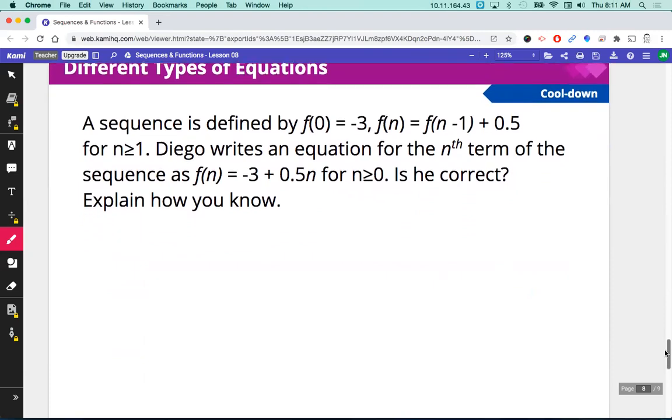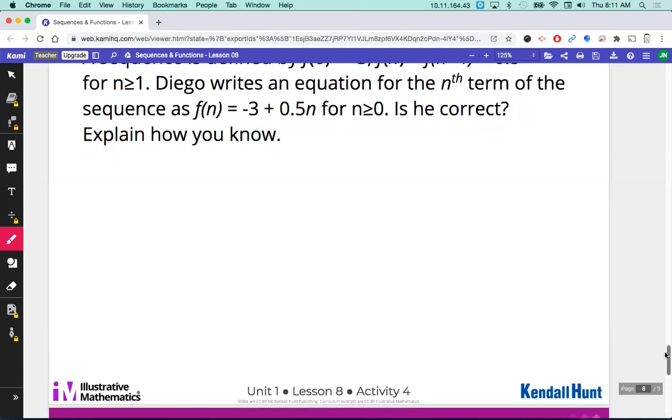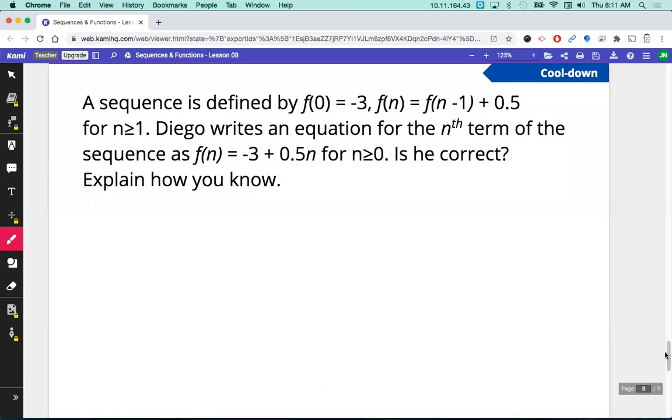All right. This is the last slide. A sequence is defined by f of 0 equals -3, f of n equals f of n minus 1 plus 0.5, for n greater than or equal to 1.